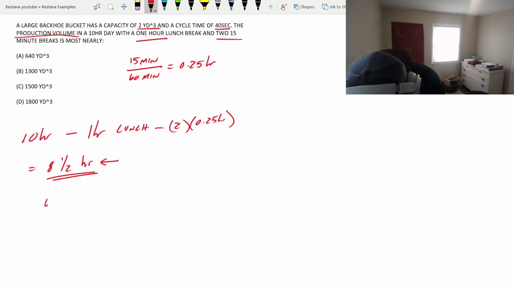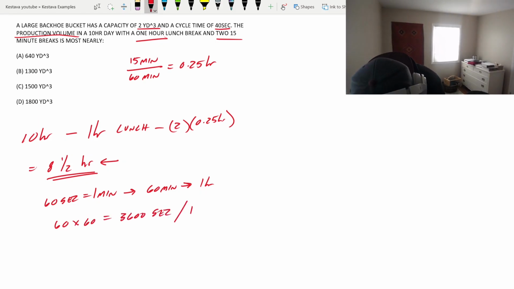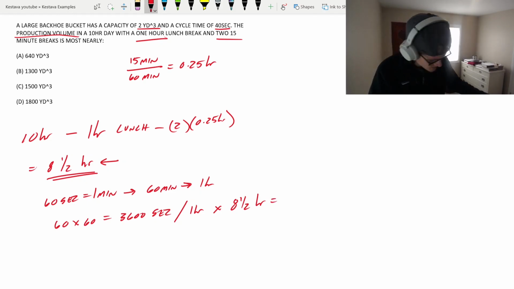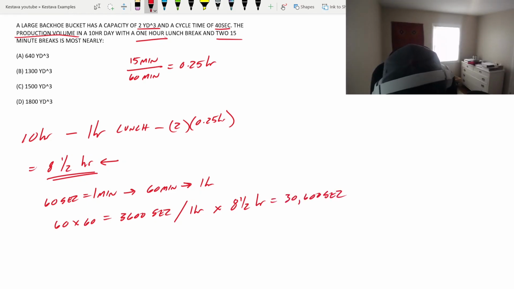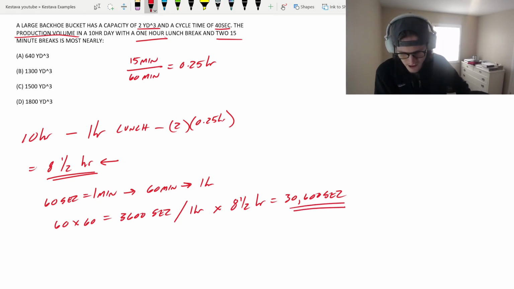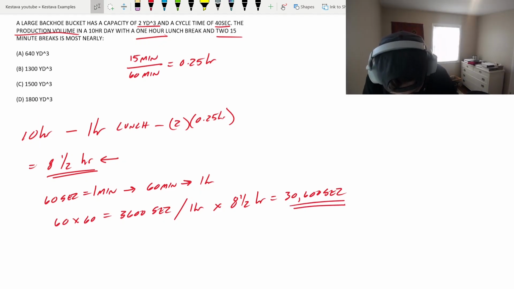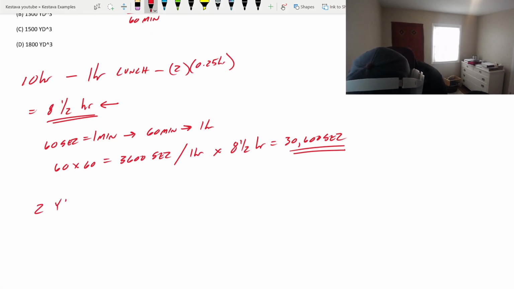There are 60 seconds in 1 minute and 60 minutes in 1 hour, so 60 times 60 equals 3,600 seconds per hour. If we multiply our 8.5 hour day, there are 30,600 seconds that this backhoe is in operation. Now we know that we have 2 cubic yards every 40 seconds.